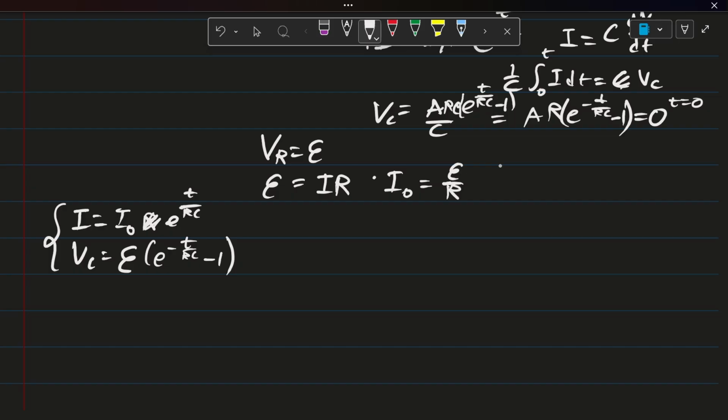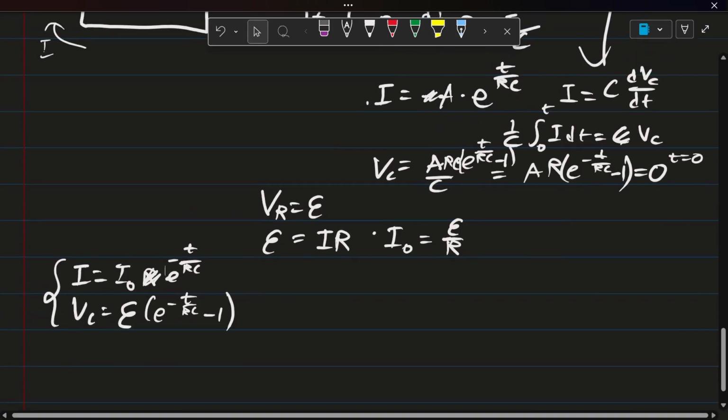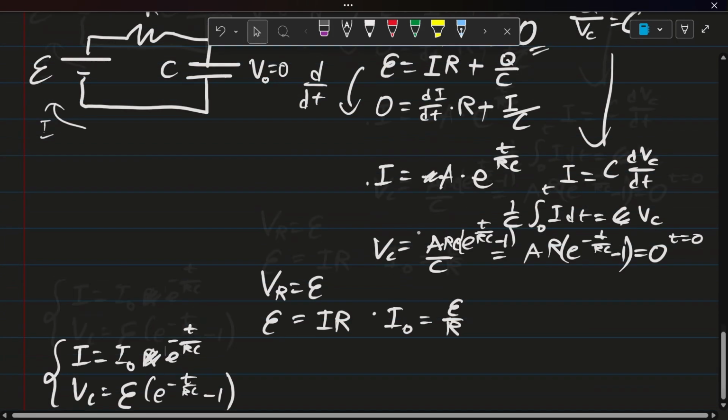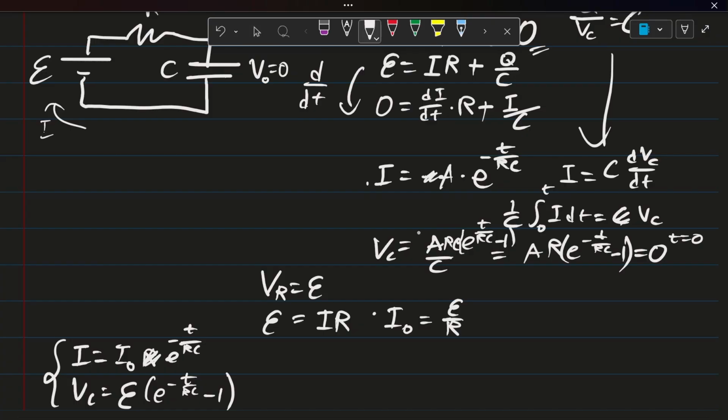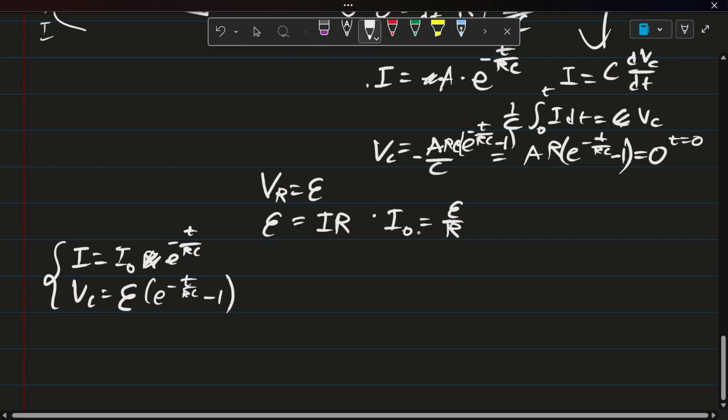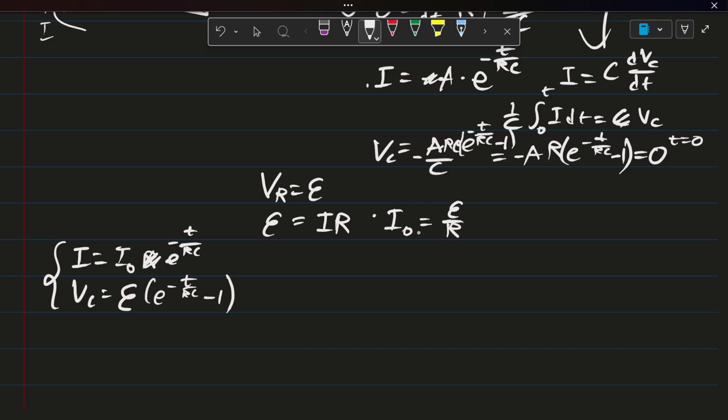Well, we do see that the voltage changes after you apply a certain current. Oh wait, there should be a negative sign somewhere. Yeah, there's a negative here. So it's technically negative epsilon. So this is epsilon times 1 minus e to the power of negative t over RC.